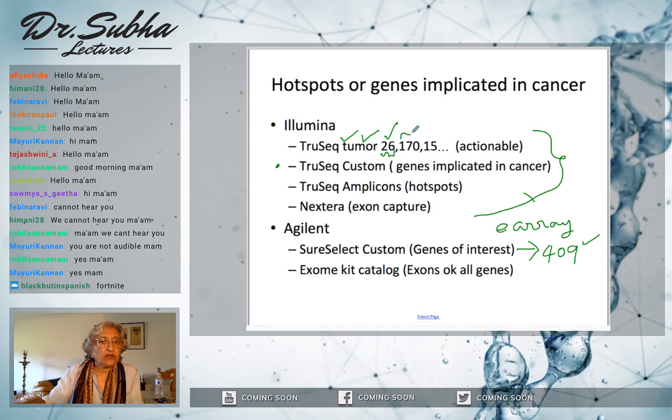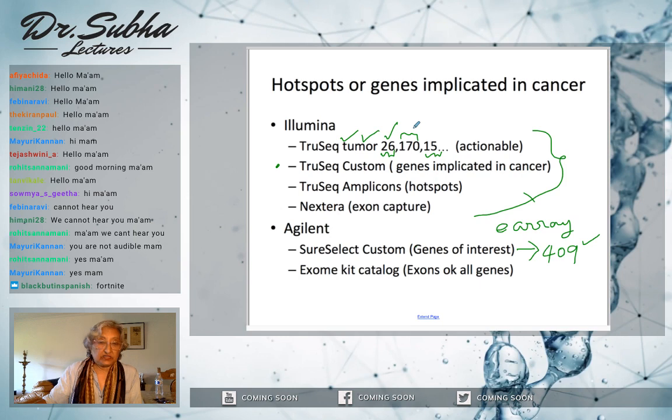Then you have TruSeq Tumor 170, which interrogates 170 hotspot regions, and there is 15. The smaller the number of sites you're interrogating, the lower the cost is, and so you can offer it. And that's okay, because still, after all these, we are able to help only 10% of cancer patients. We have long ways to go, and I'm hoping young students like you can contribute to how we can help more and more cancer patients.